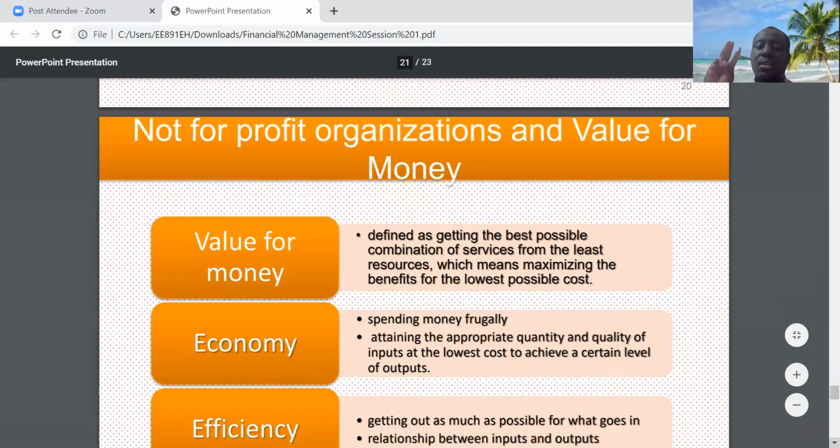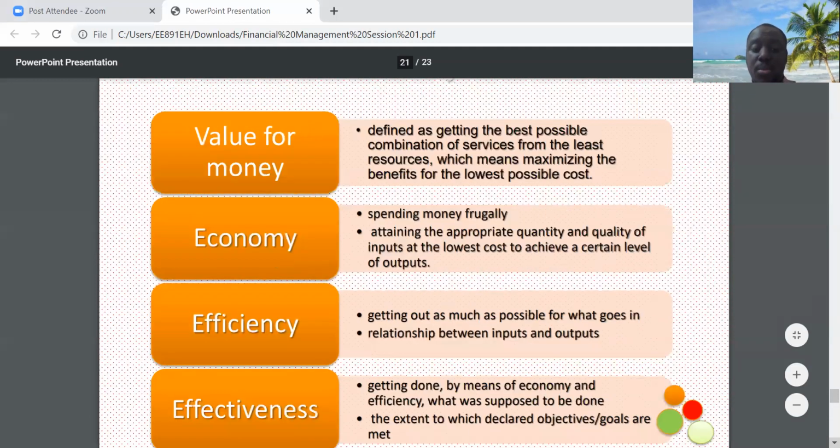There are three key things when it comes to value for money. Number one is economy. Number two is efficiency. Number three is effectiveness. Never forget this. The three E's when it comes to not-for-profit organizations' financial management, or value for money. Number one is economy.